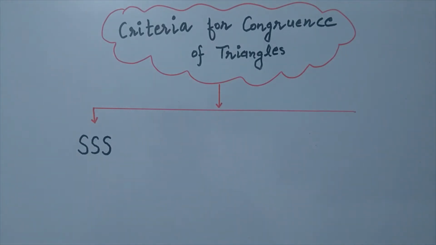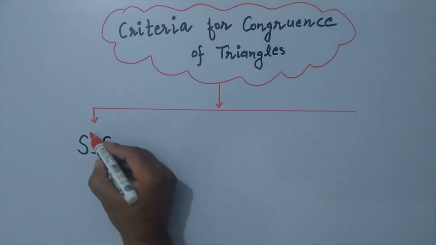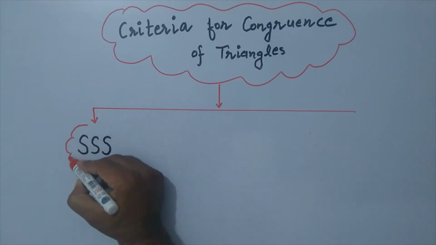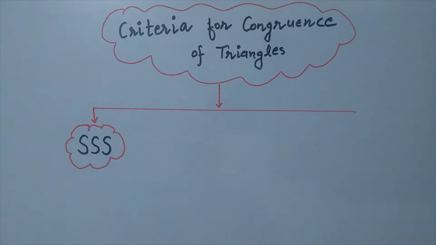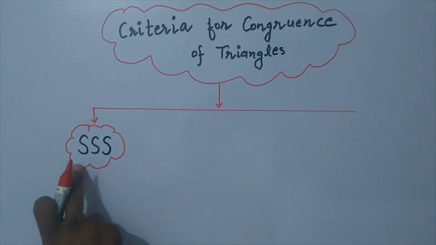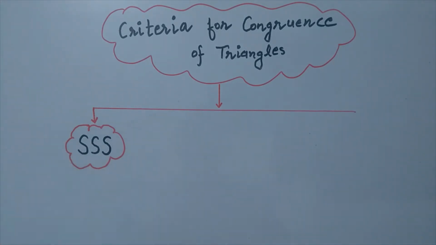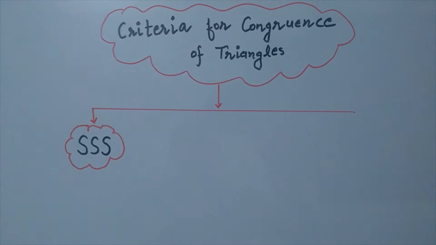What is the meaning of this? The meaning of this is side, side, side. If two triangles have equal sides, this criterion is called SSS criteria for congruence of triangles.